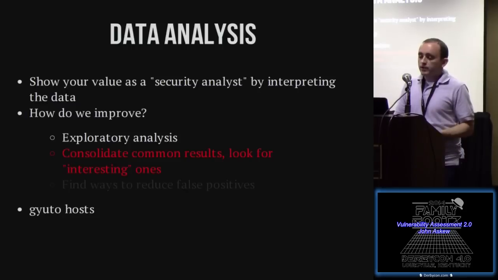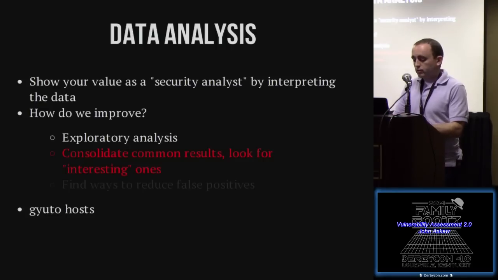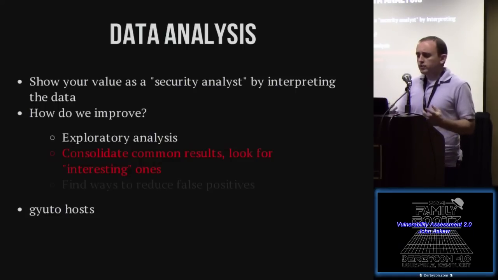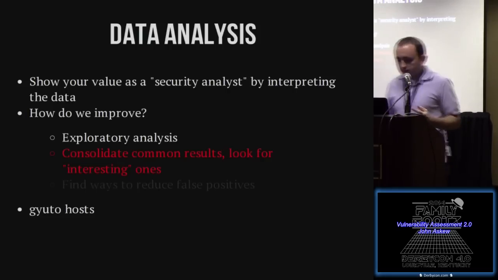If you've seen something 100 times, then lumping that all together, setting it aside, and looking for other things that are more interesting or more unique to the environment that you're looking at can be very valuable, because you've got a limited amount of time in any type of engagement. Even if you're doing vulnerability analysis internally, you're still limited on time, so you want to make the most efficient use of that time.